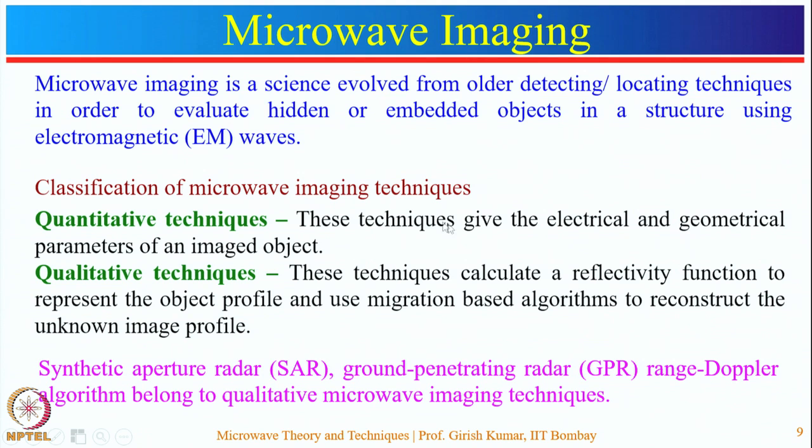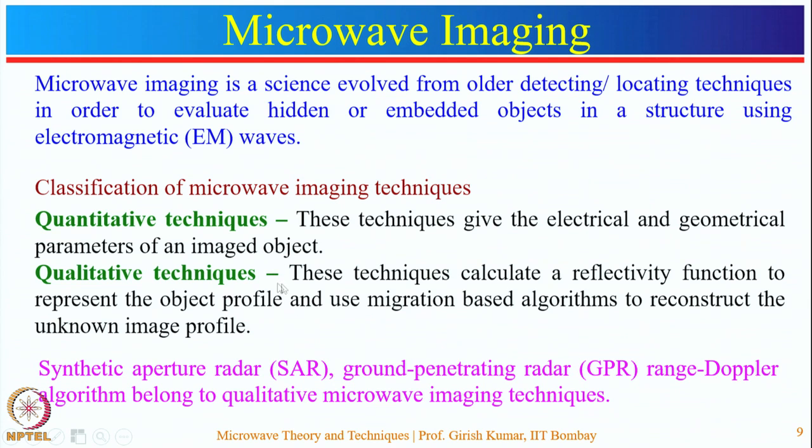Microwave imaging can be classified into two ways, the quantitative techniques and the qualitative techniques. In case of quantitative techniques, they give the electrical and the geometrical parameters of the imaged object. The electrical parameters mean the electrical and the magnetic properties, and the geometrical parameters mean the shape, size and the location of the hidden object.